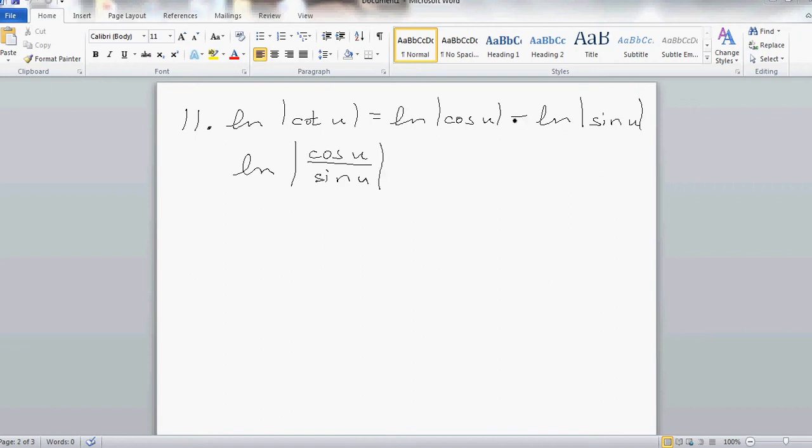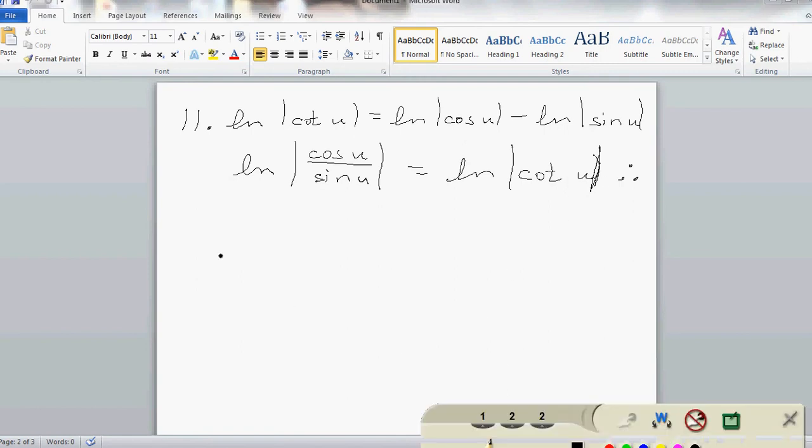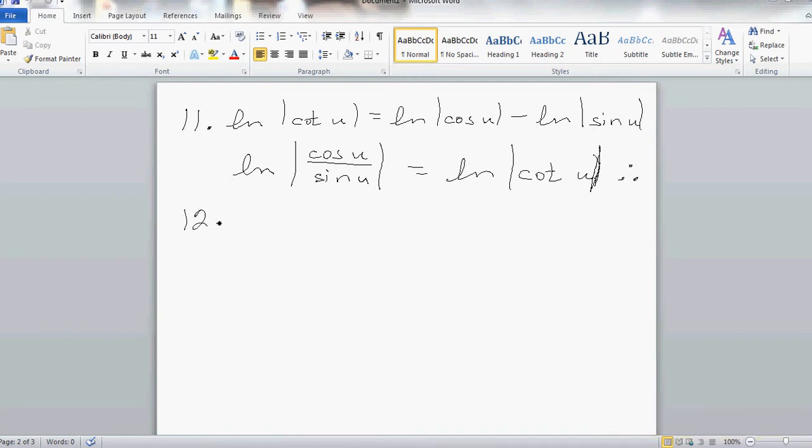Because the minus here says we can take these and divide the arguments here. But of course, cosine of u over sine of u is equal to the cotangent of u. And so, final answer is the natural log of the absolute value of the cotangent of u, which is exactly the left-hand side. So we have proven what we needed to prove.